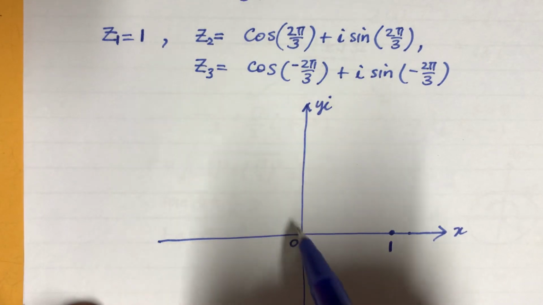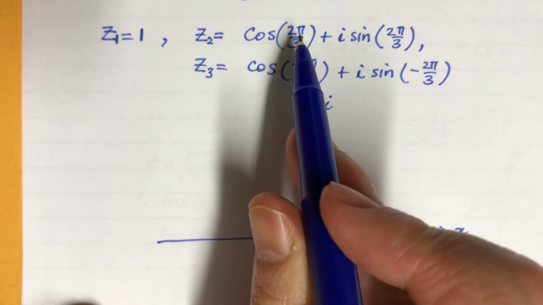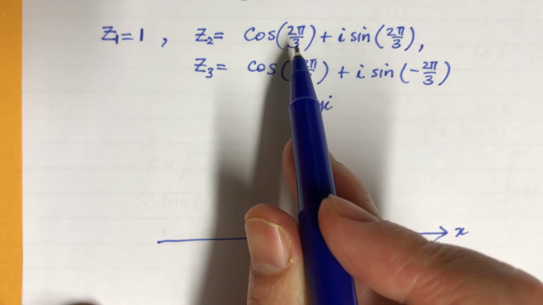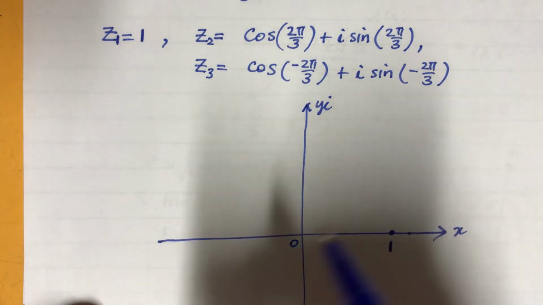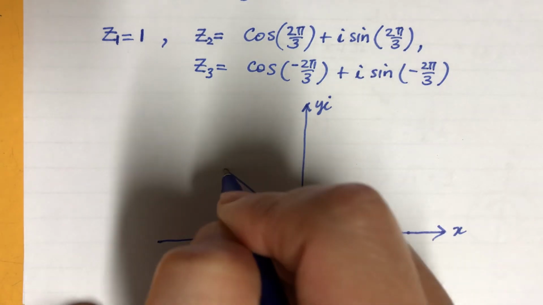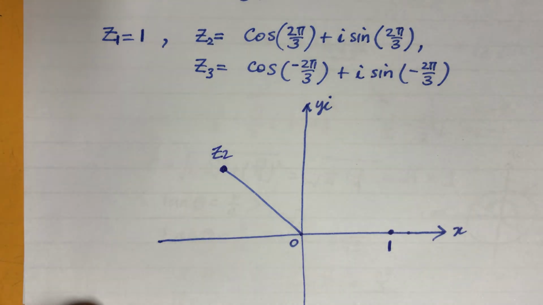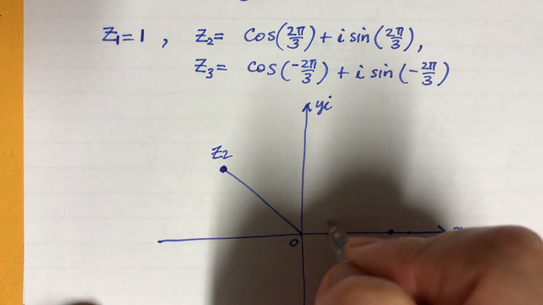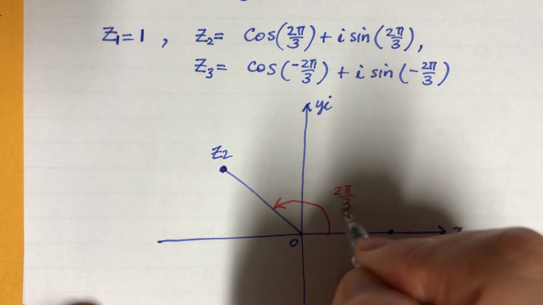Now that's not quite 180, because to be pi it would be 3 pi over 3, but it's less than 3 pi over 3, so it's in the second quadrant. So I'm going to sketch that. That's my z2, and I could say that's from here to here. It would be 2 pi over 3.